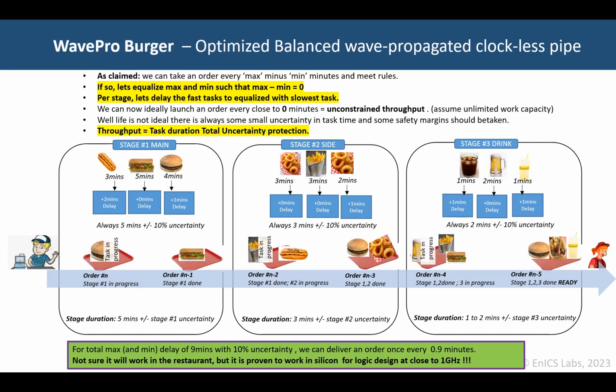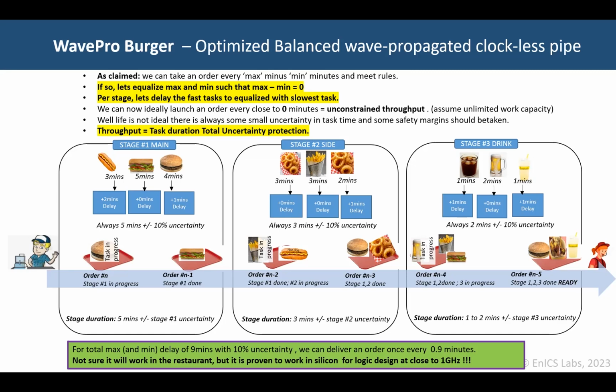We can have infinite bandwidth. Obviously, this will not work in reality, not in a restaurant and not in a chip, because there is some uncertainty and variation. So we need to take some margin, let's say 10% of uncertainty, so we can serve the customers at 10% of the total time. That would be 0.9 minutes.